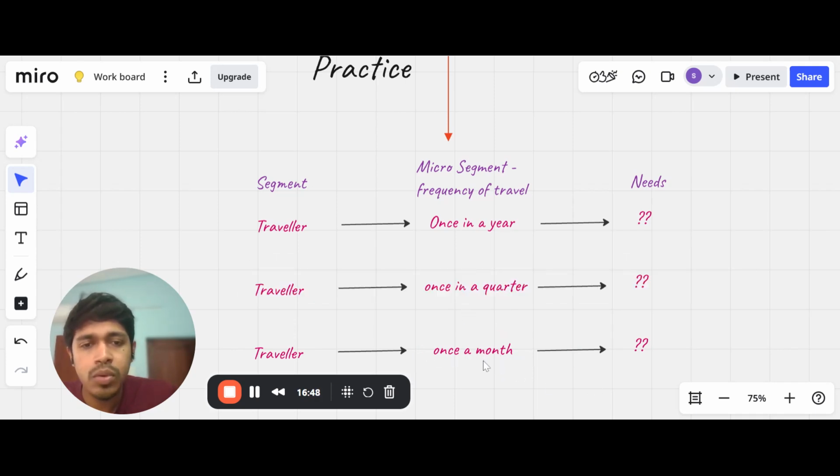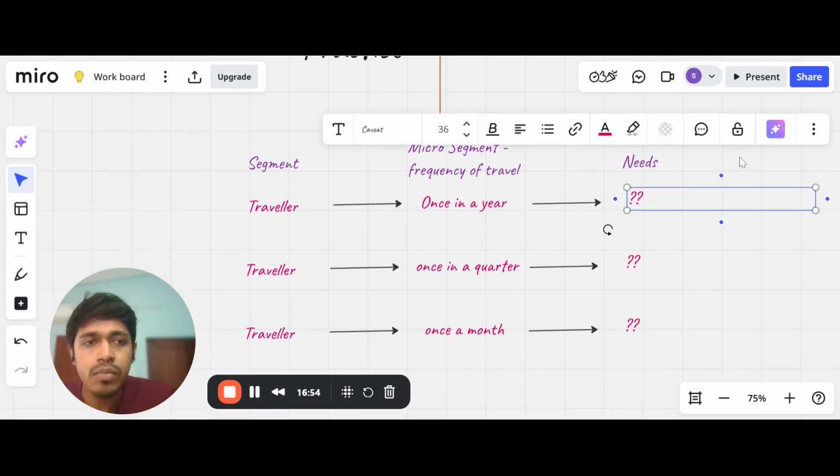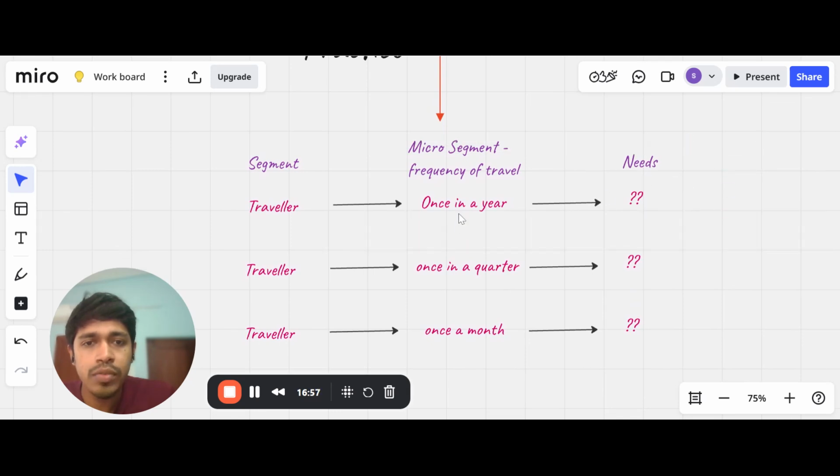What about the person who travels once a month? I want you guys to come up with the needs. How do the needs of each traveler differ? So, this is a homework example. I'm not going to give the answer for this because let's make this a bit proactive, right?